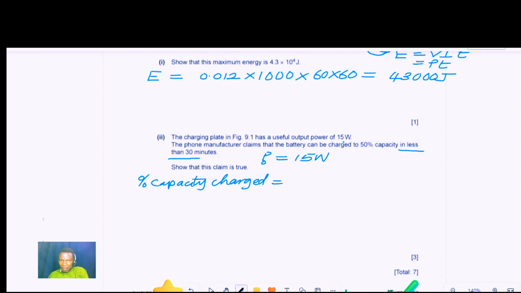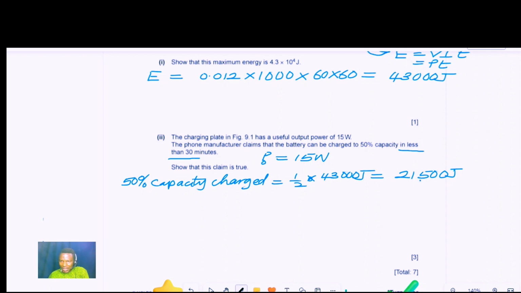That means half of the total energy, which is half times 43,000 joules, which is equal to 21,500 joules. Okay, this is 50% capacity. Very good.